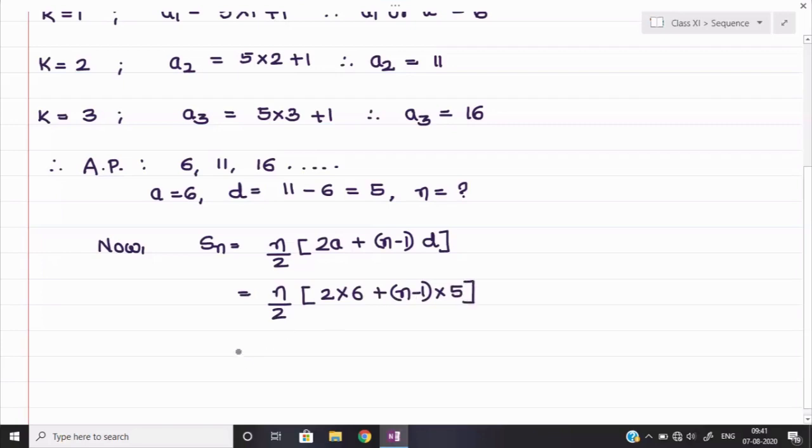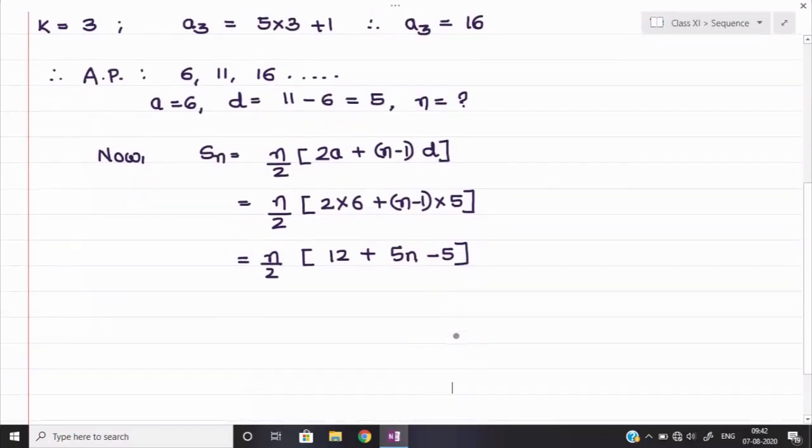Now let us simplify. n upon 2 I am keeping as it is, and 2 into 6 will be 12 plus 5n minus 5. So here we can say that 12 minus 5 will become 7. So it would be n upon 2 into the bracket 7 plus 5n, or 5n plus 7.